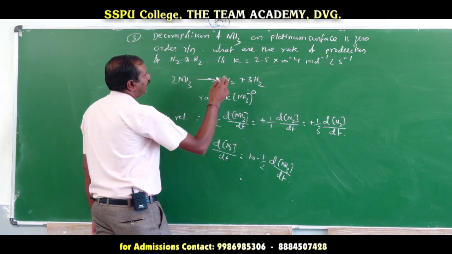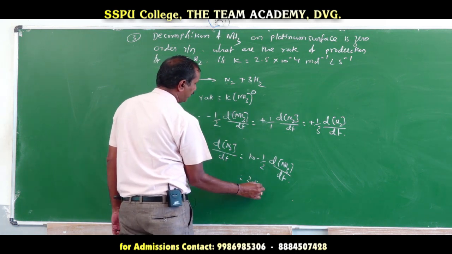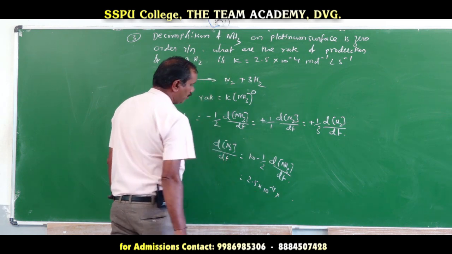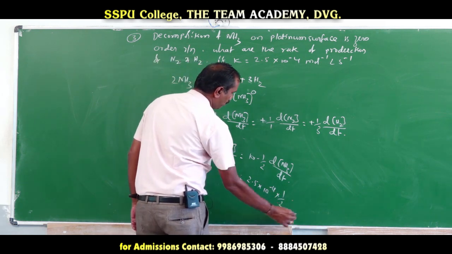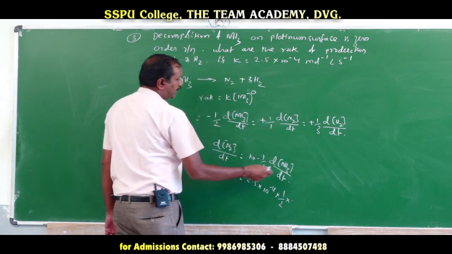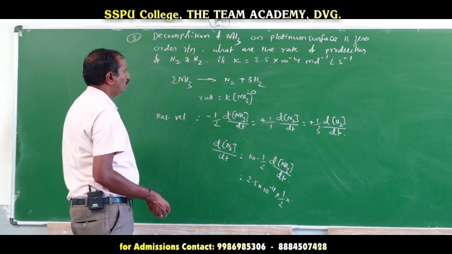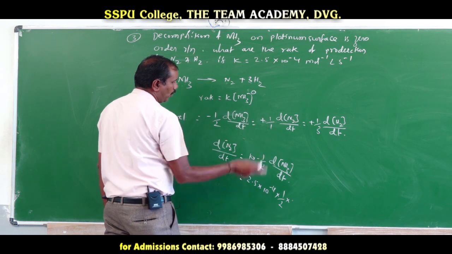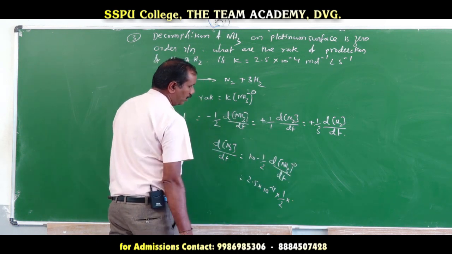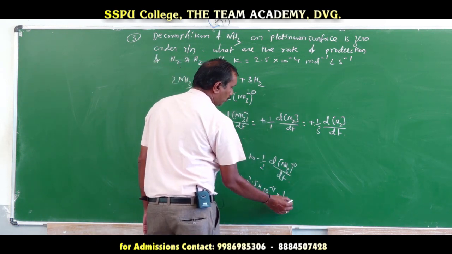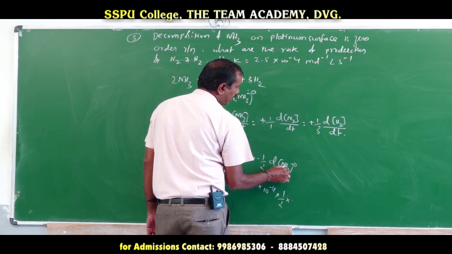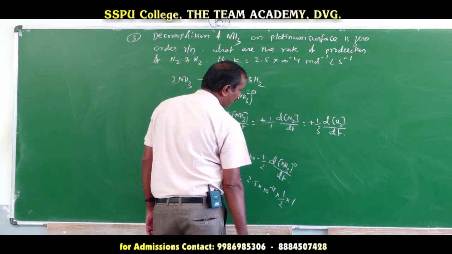What is the value of k? 2.5 into 10 to the power of minus 4 into 1 by 2, into d of NH3 by dt. So d NH3, the changing concentration, its power is 0. NH3 to the power 0 means it should be 1.